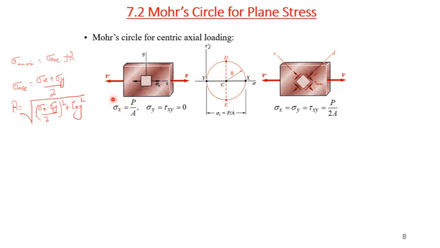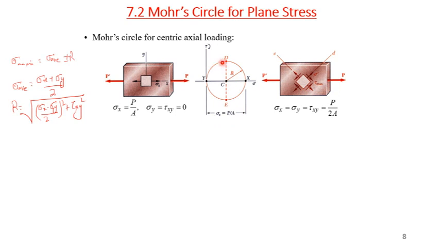So this sigma x is now my principal stress. And if I draw a circle, the center will be what? Sigma x by 2. Radius is sigma x by 2. So if I draw it, this is my circle. So sigma x will be equal to P by A. Now, maximum shear stress will be at D, obviously.